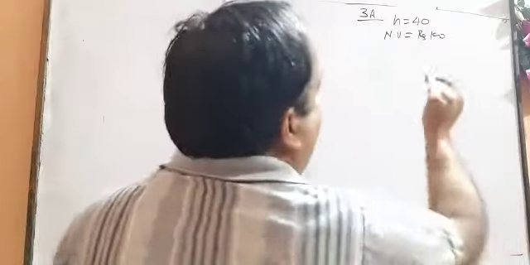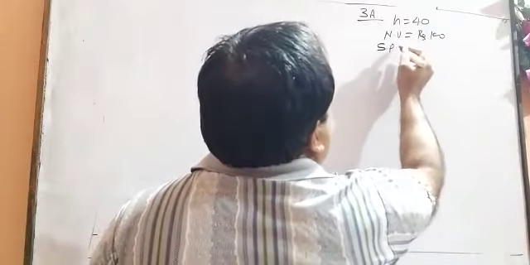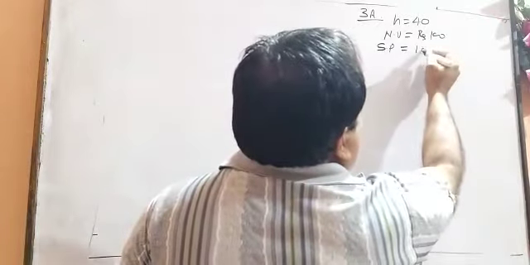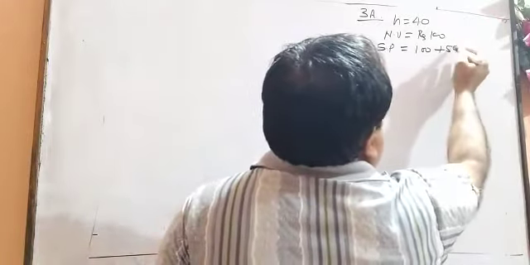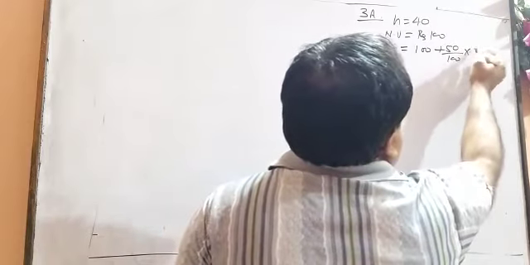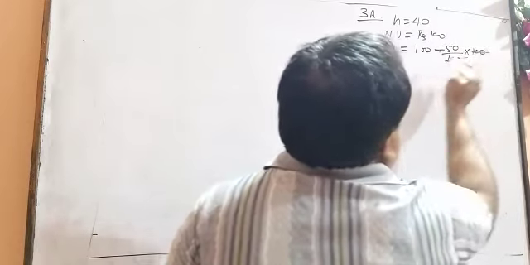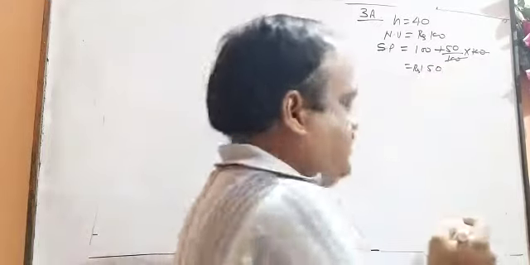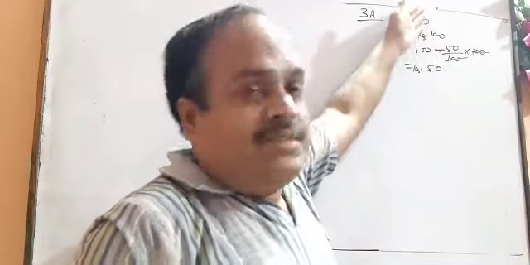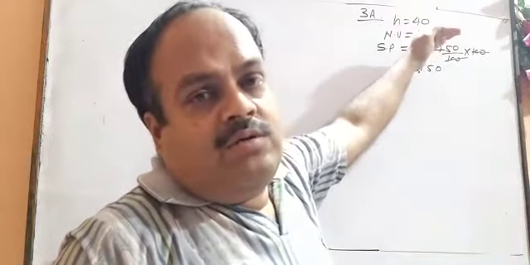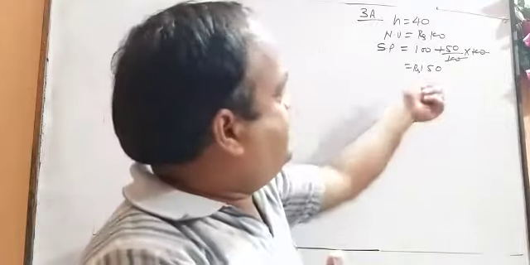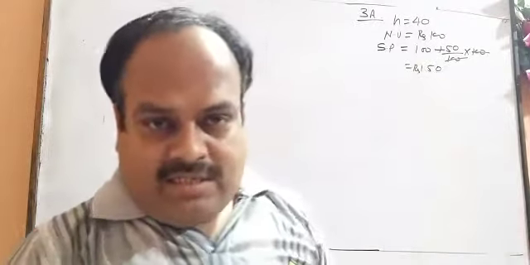So we can say that the selling price of the share for Aditi is 100 rupees plus 50% of 100 rupees, which becomes 150. Means Aditi has 40 shares of nominal value 100 rupees and sells the share at rupees 150.